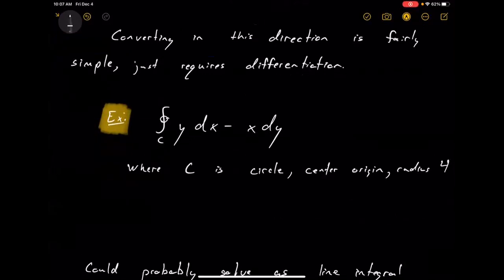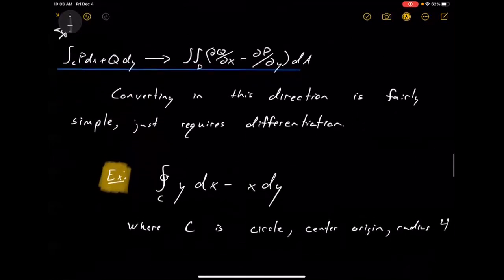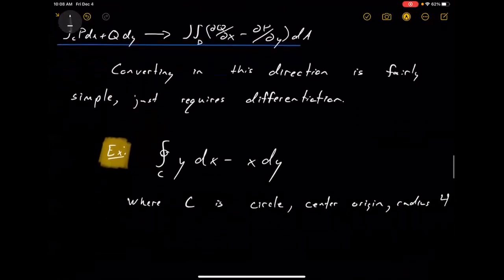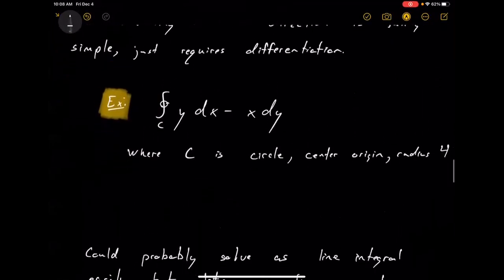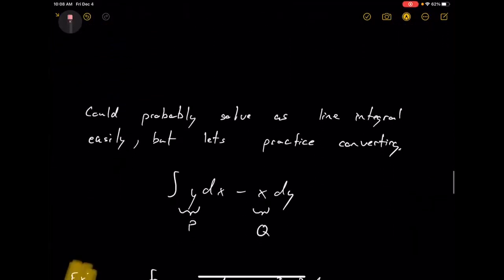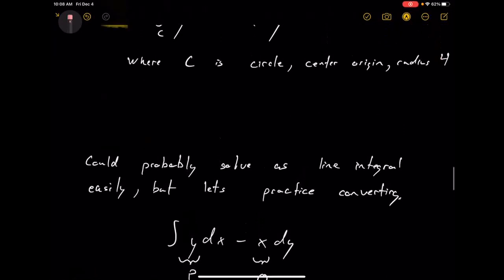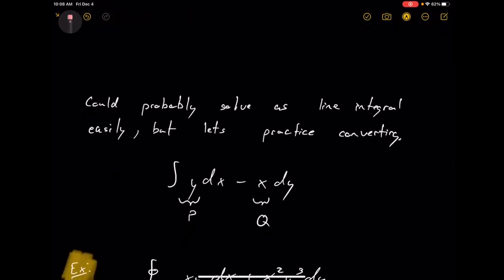All right, so let's take this line integral and convert it to a double integral. The curve C we're given is the circle with center at the origin, radius 4. This line integral would probably be pretty easy to calculate as a line integral, but let's go ahead and convert it anyway, just to practice conversion.